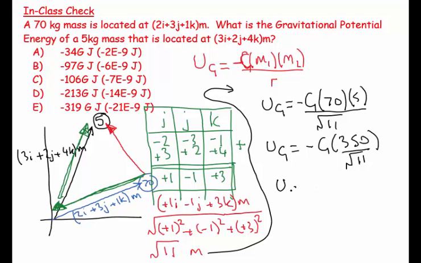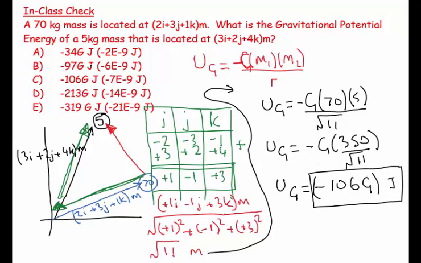So UG is equal to minus 106 G. That's the numerical value, even though I've not actually worked out what G is. And that is going to be, of course, in joules. So there's my answer. And if I look on here, yeah, minus 106 G joules.